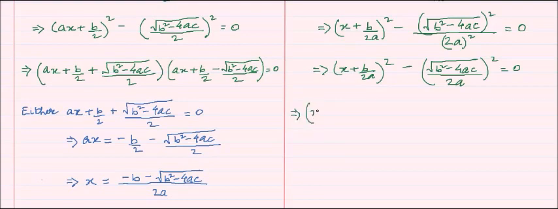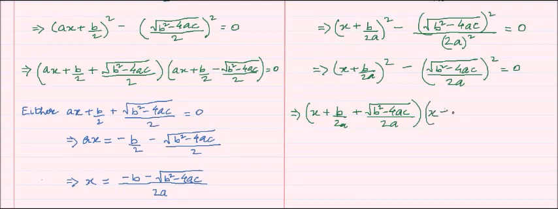First of all, we write the a part, that is x plus b by 2a plus the b part, that is under root b square minus 4ac by 2a, and there is the a minus b part as well.